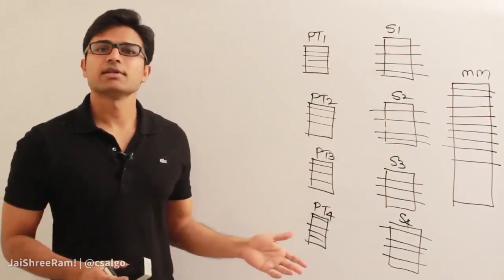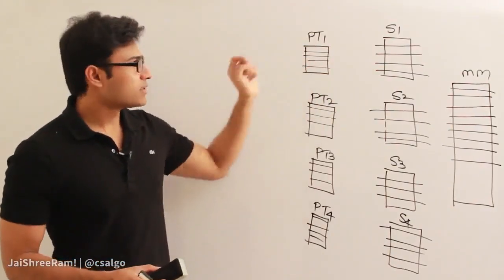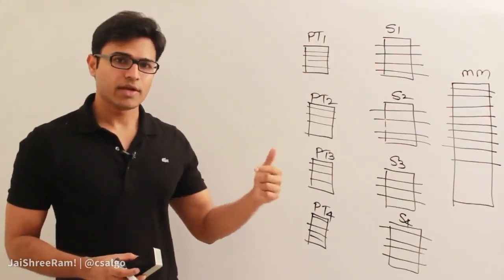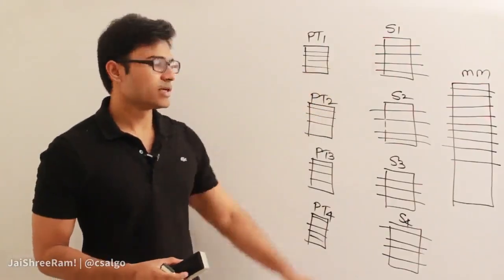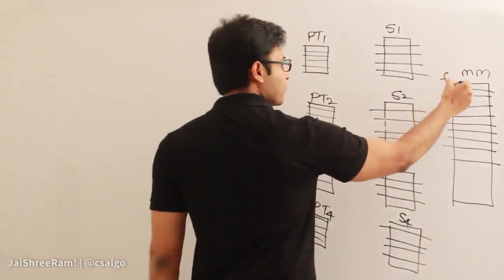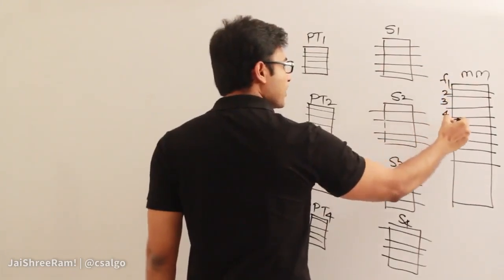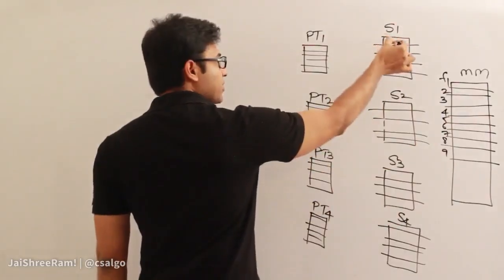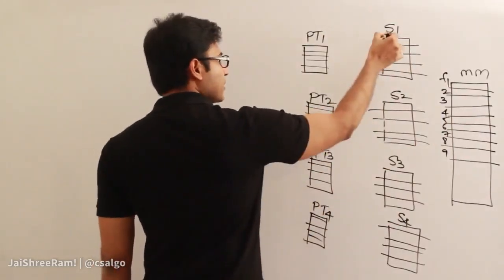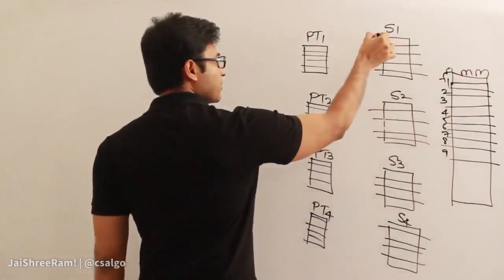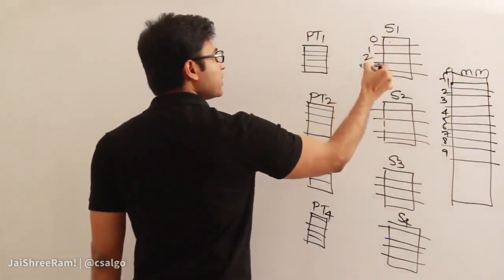Each entry will contain something about the page present there. So what should be present initially? Every page table should contain the frame number, or the frame base, in which this particular page is loaded. For example, let us say the frames are F1, F2, F3, F4, F5, F6, F7, F8, and the page numbers start with 0: 0, 1, 2, 3.